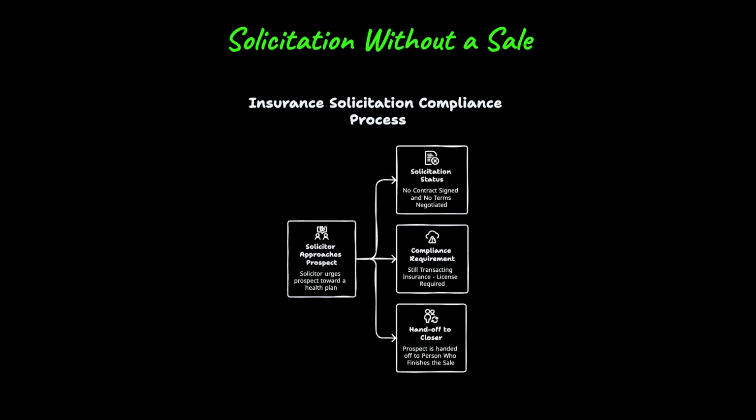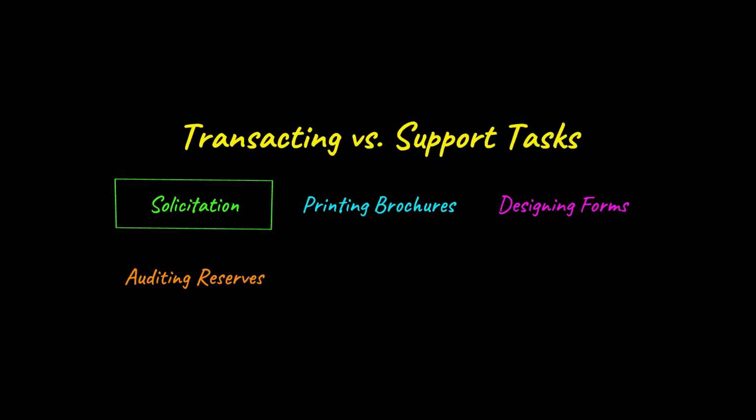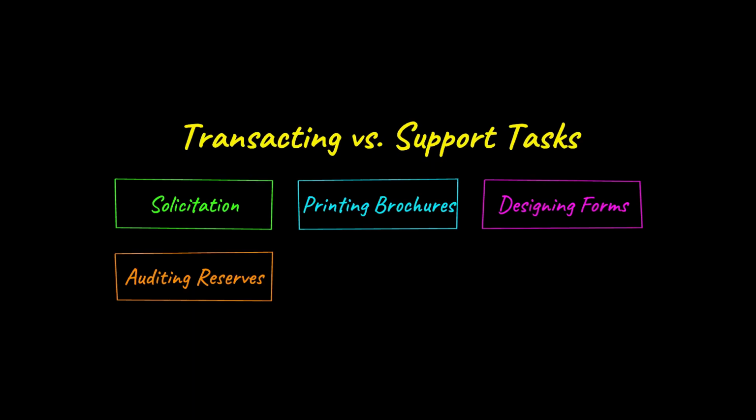Yet California still treats this as transacting insurance because soliciting alone is one of the 4 acts. On the exam, only solicitation is one of the 4 defining acts: printing brochures, designing policy forms, and auditing reserves are support or internal functions, not transacting, which is why solicitation alone requires a license.